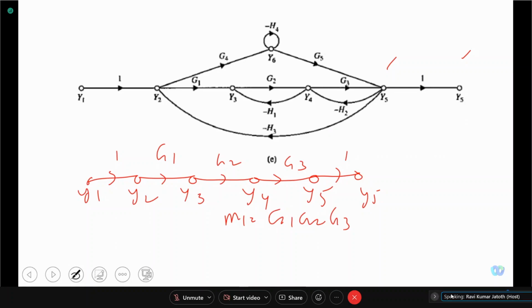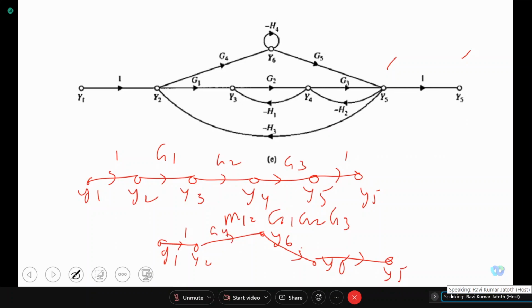Now the other path is Y1, Y2, Y6, Y5. Okay. So gain is G4, G5, and gain is 1. So now M2 is G4, G5, no? Yes, sir.